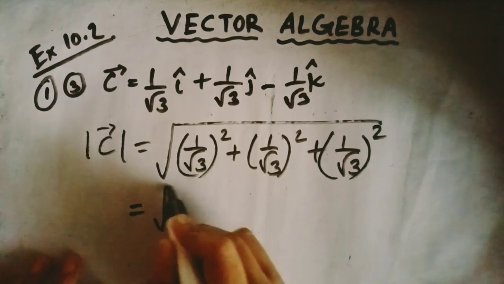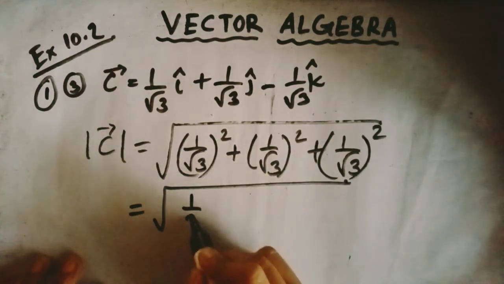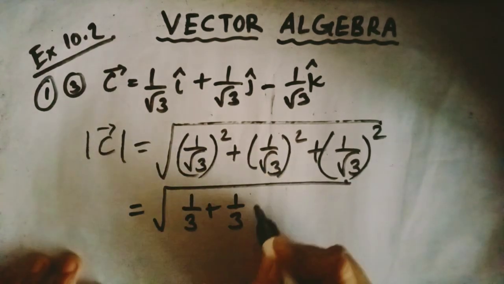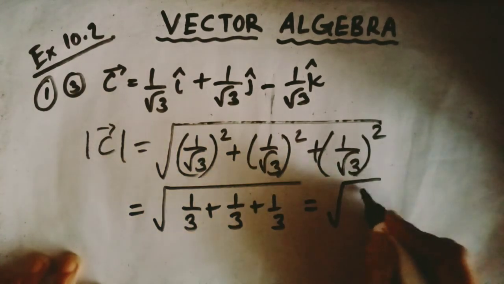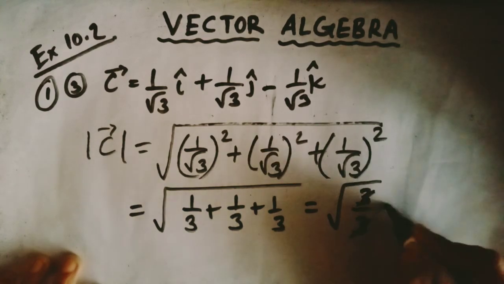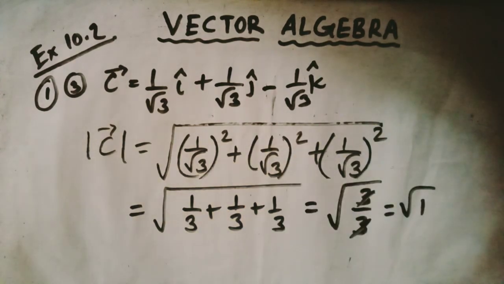So you'll get 1 by 3 plus 1 by 3 plus 1 by 3, which is nothing but 3 by 3, so you'll get root 1. So the answer is 1.